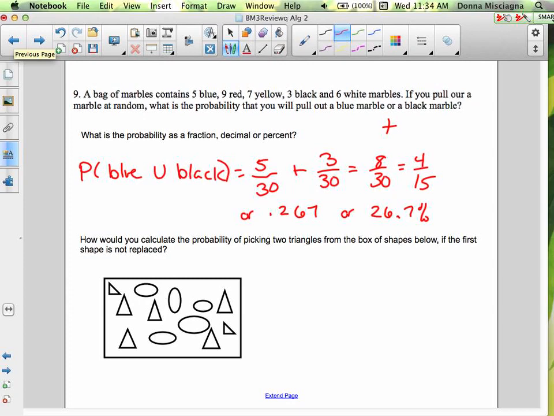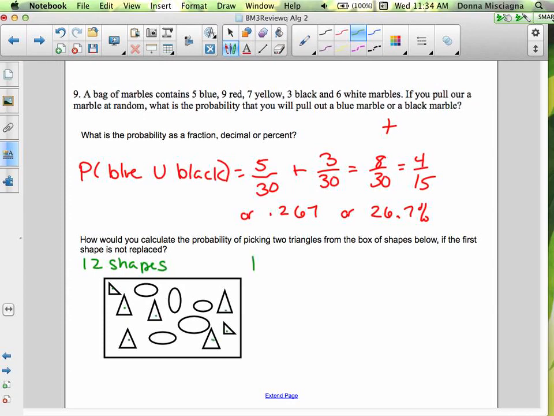How would you calculate the probability of picking 2 triangles from a box of shapes below if the first shape is not replaced? All right, so there are 1, 2, 3, 4, 5, 6, 7, 8, 9, 10, 11, 12 shapes overall. And there are 1, 2, 3, 4, 5, 6, 7 triangles.